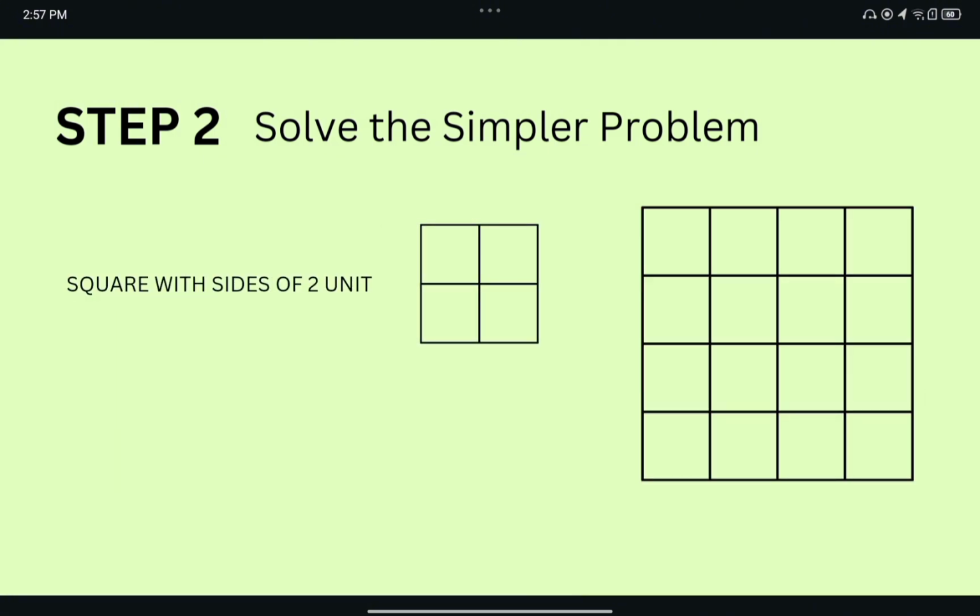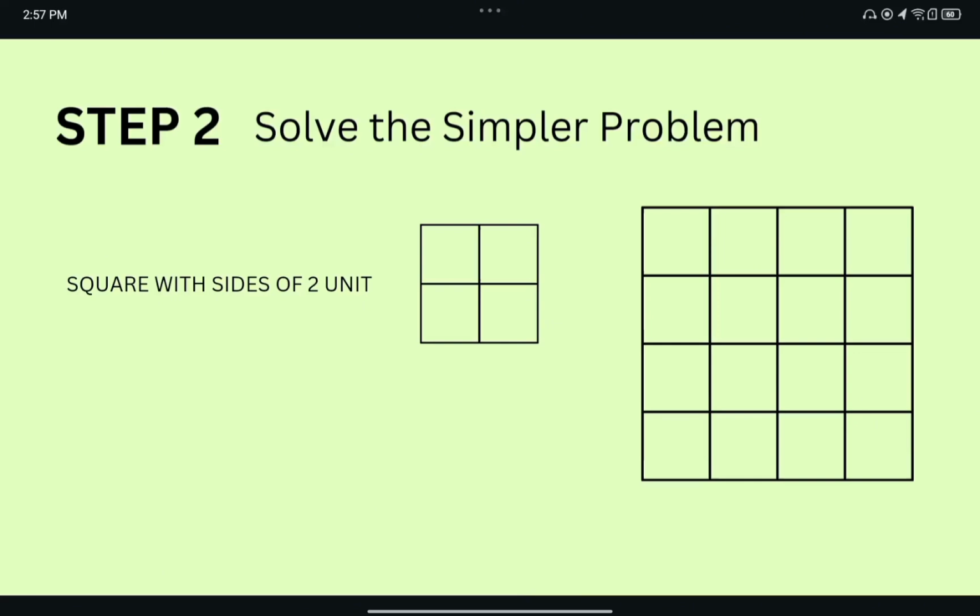So let's proceed to squares with sides of 2 unit. Like what we did with the squares with sides of 1 unit, we will also count how many there are. You can pause the video to answer on your own, and let's see if you are correct.